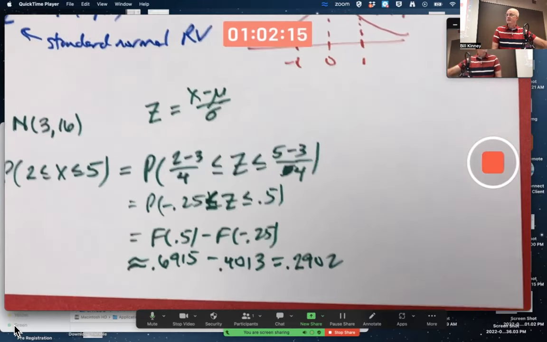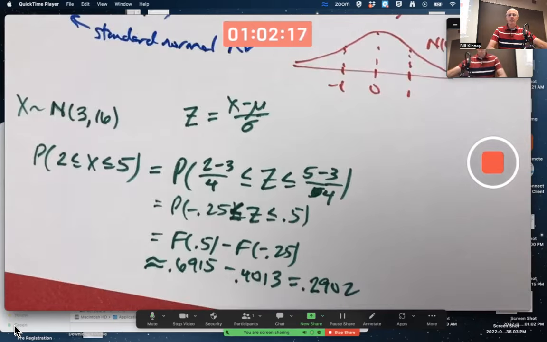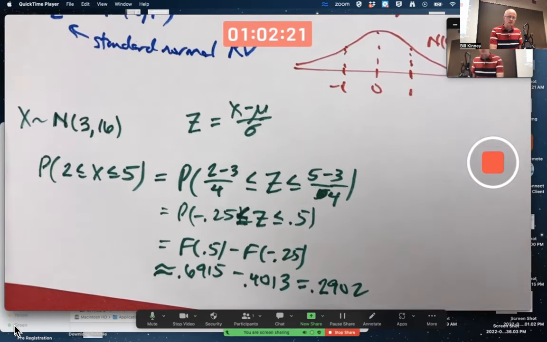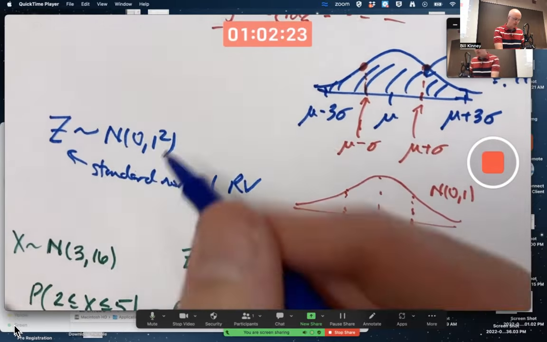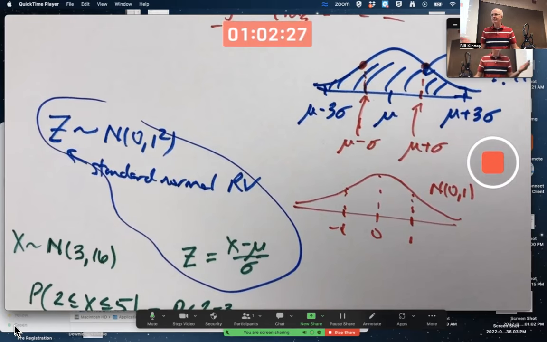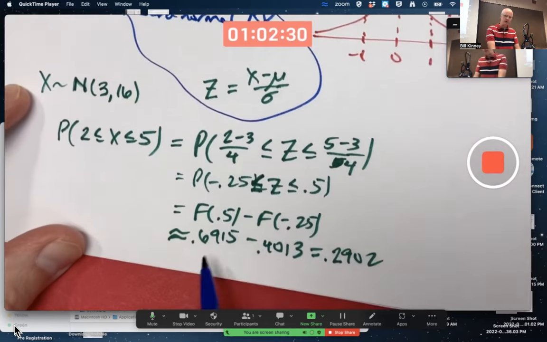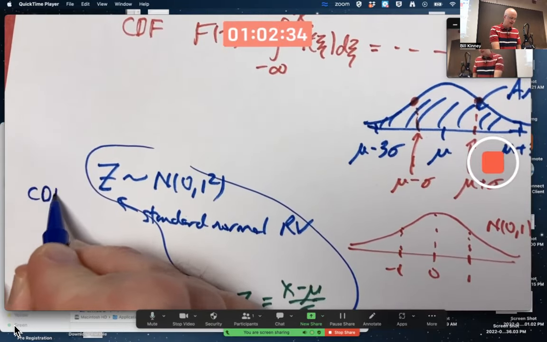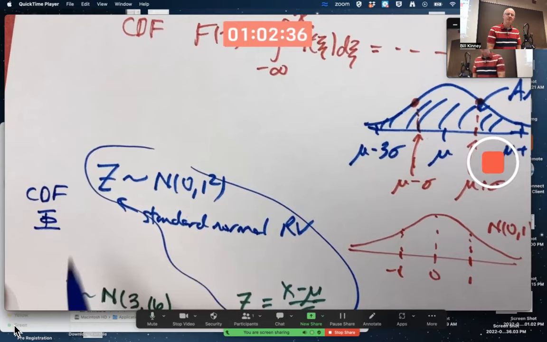If you're thinking in terms of significant figures. By the way, I think I mentioned this the other day, but the standard normal random variable has a standard symbol for its CDF, and it's not capital F, it's capital Phi.